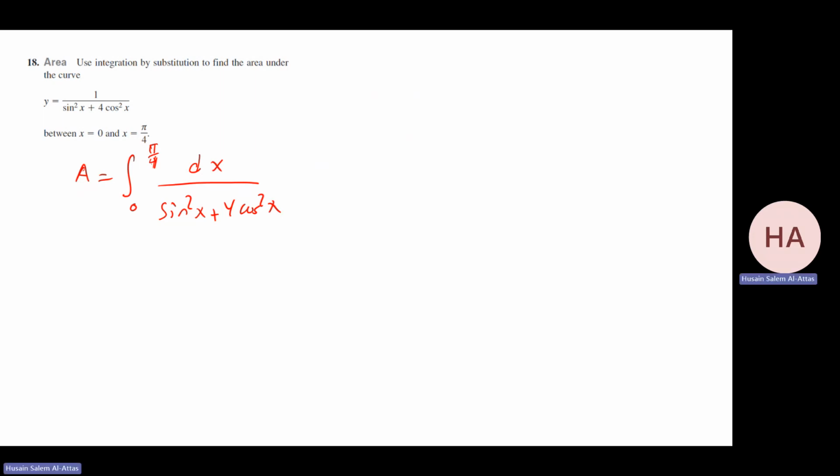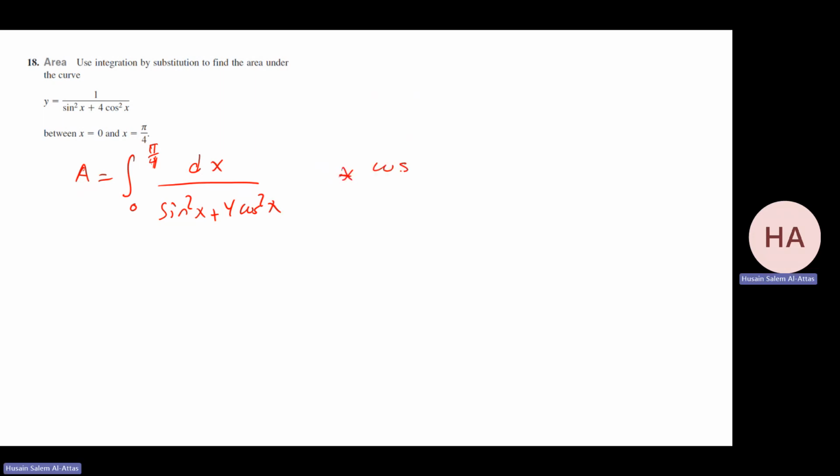One way to think about it, since everything is squared, and things I can't remember about the formula, I need secant square or cosecant square. So why don't I divide the denominator and the numerator by cosine square.